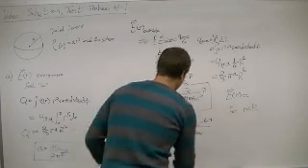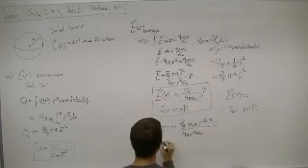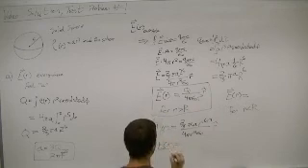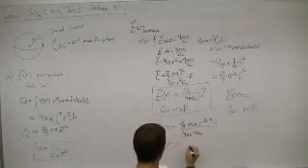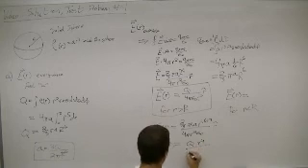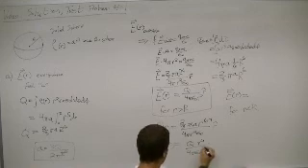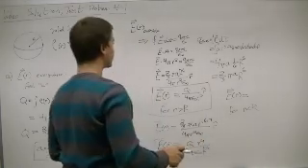After some cancellation and simplifying, and plugging in A, E of r equals Q r to the 4th over 4 pi epsilon naught big R to the 6th. And that's for r less than big R.